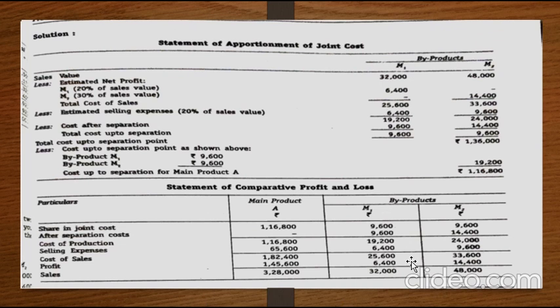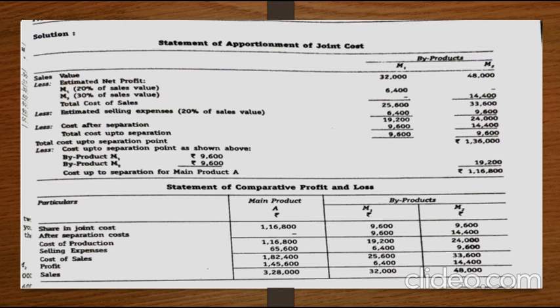Your sales for M1 is 32,000. 32,000 into 20% will give you 6,400. And for M2 it is 48,000 into 30%, which will give you 14,400. For M1 and M2 the percentage of sales is given, so we were able to find out the profit for M1 and M2.